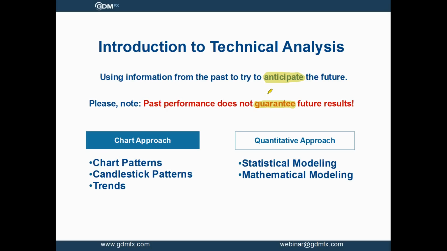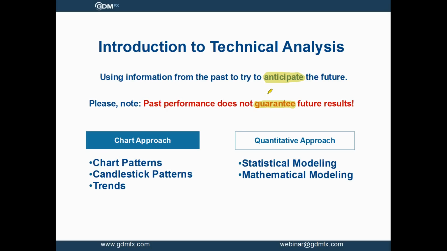So you can use information from the past, occurrences of different, let's say, bullish events or bearish events, spikes in the price of a certain trading instrument, declines or appreciations under certain conditions. You can use those in order to anticipate their next occurrence, but you cannot use that as a guarantee that a certain price movement will happen with 100% certainty.